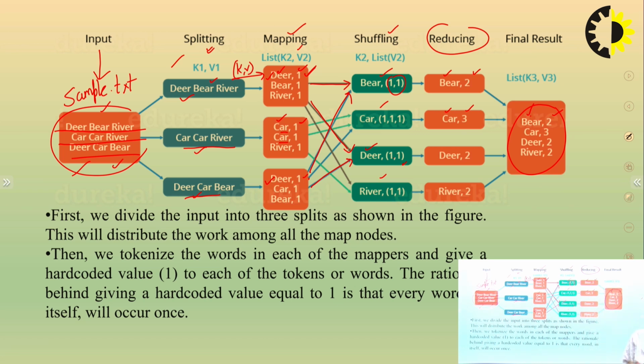We call it hard coded value also to each of the tokens, and the rationale behind giving a hard coded value equal to 1 is that every word in itself will occur once. As I told you, it will occur only once. This is the complete example of the MapReduce phase where we are doing the distributed processing, parallel processing.